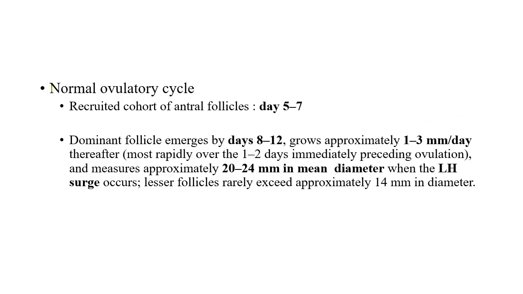In a normal ovulatory cycle, the recruited antral follicles will appear by day 5 to day 7, and the dominant follicle will emerge by day 8 to 12, and when the follicle reaches 20 to 24 mm, the LH surge will occur.